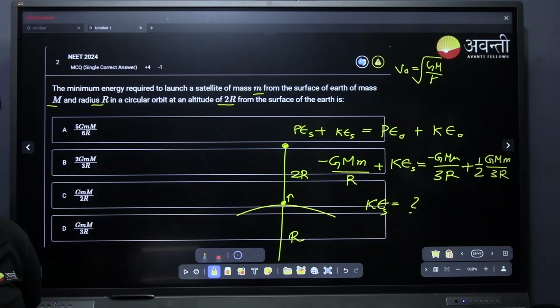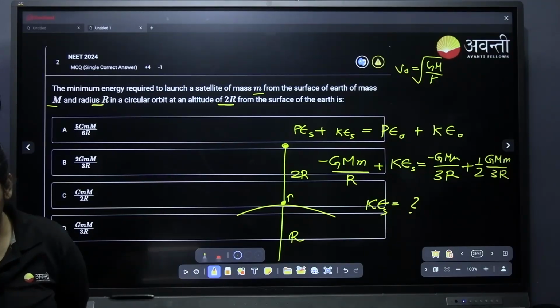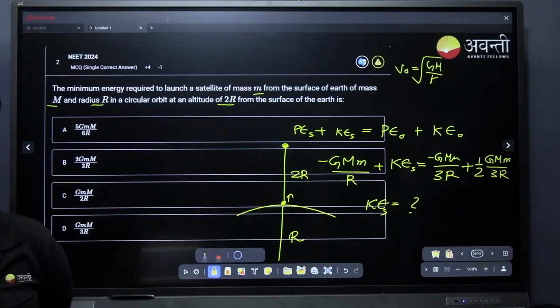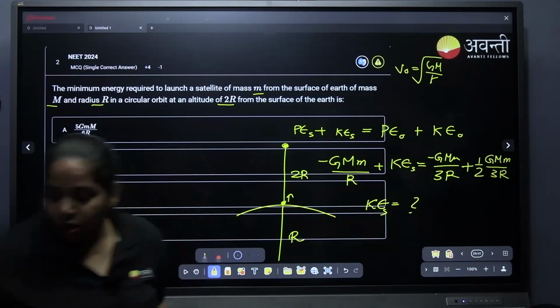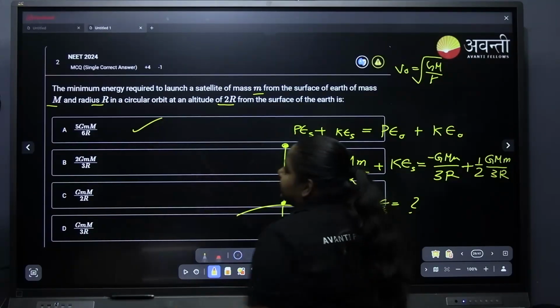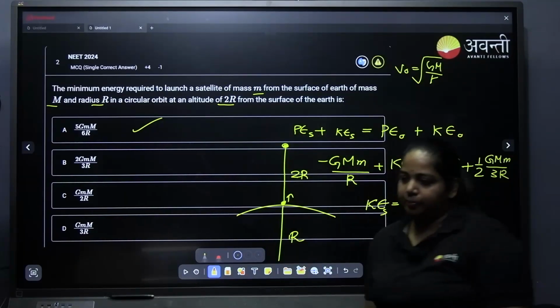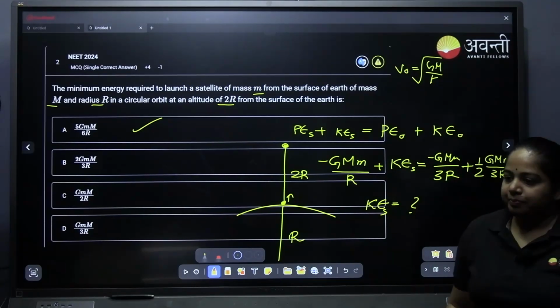Are you guys solving or waiting for me to answer? Because I need to save time, that's why. Okay, very good. Surabhi, answer is option A. Okay, answer is option A, 5GMm by 6R. Okay, we will move on to the next question then.